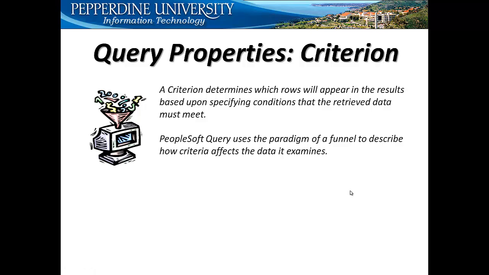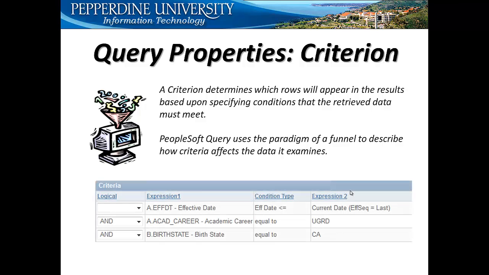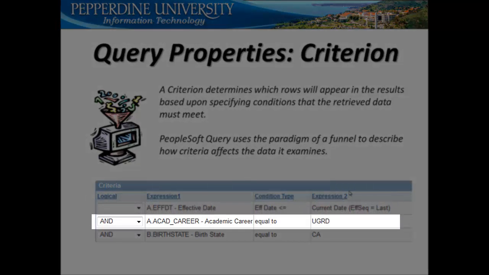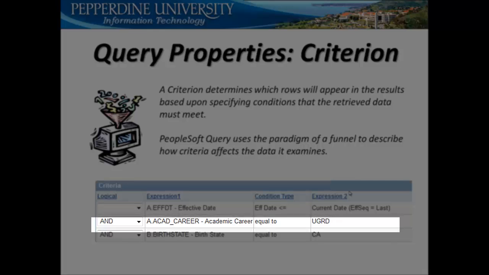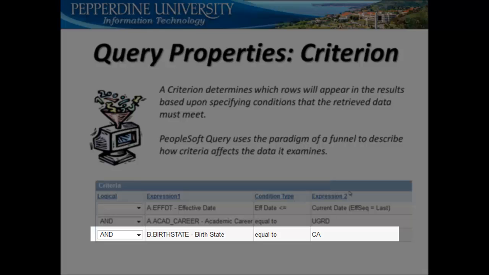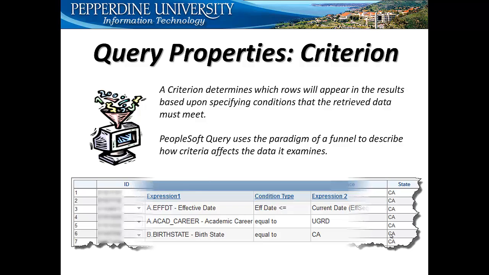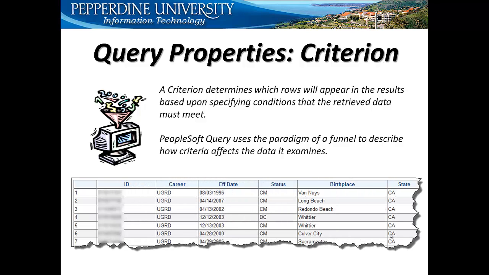So in our query, we define the criteria to filter that data using three conditions: an effective date less than or equal to the current date, the academic career equal to undergrad, and the birth state equal to California. And the results are returned based only on those three criteria.